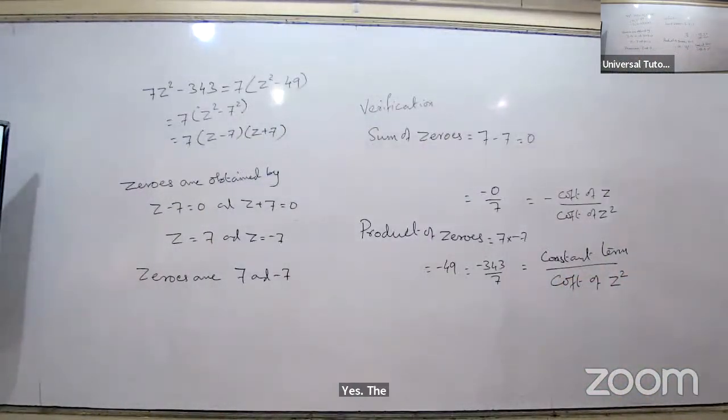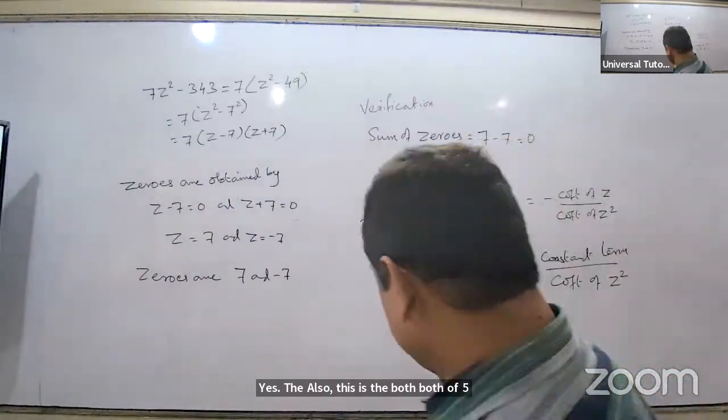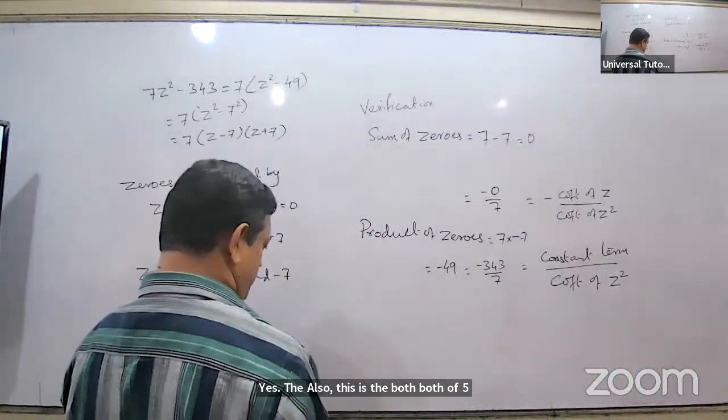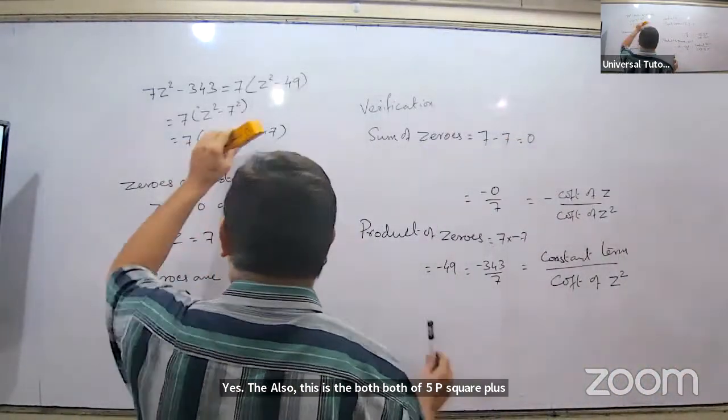Fourth one. This is there in the NCERT. The question in the NCERT. Fourth one: 5p square plus 20p. Factorize.